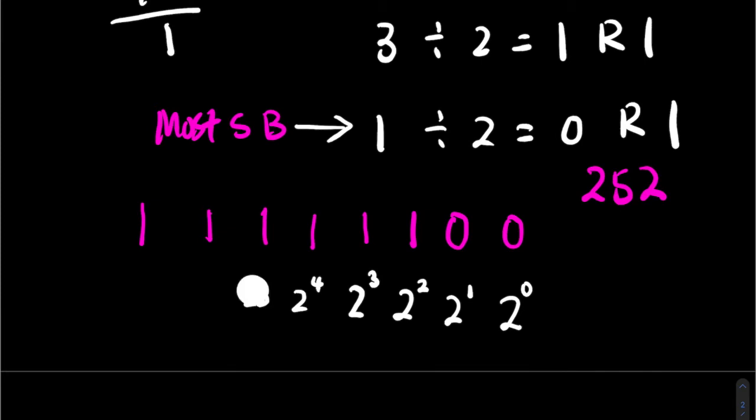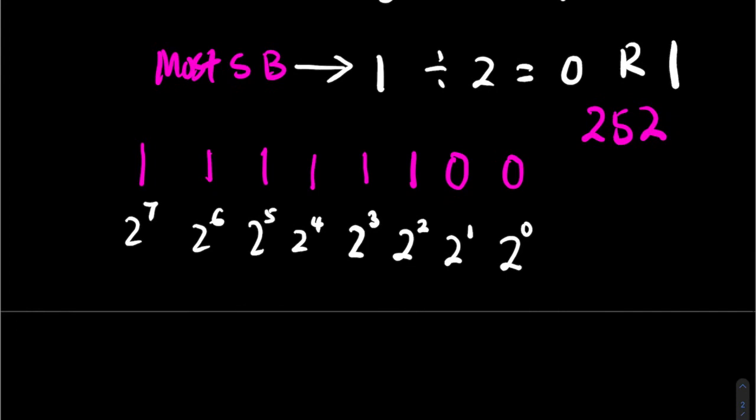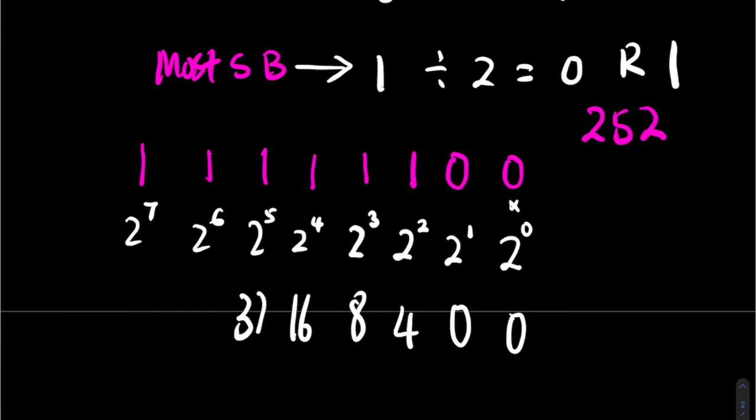So when we got a 0, it's like 0 times 2 to the 0 is 0, 0 times 2 to the 1 is 0. And 1 times this is 4, 8, 16, 32, 64.